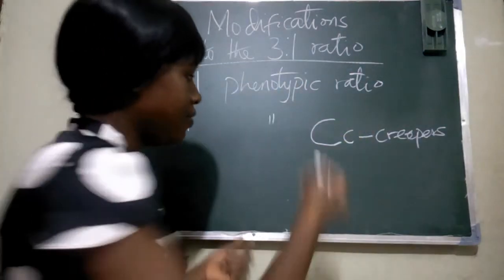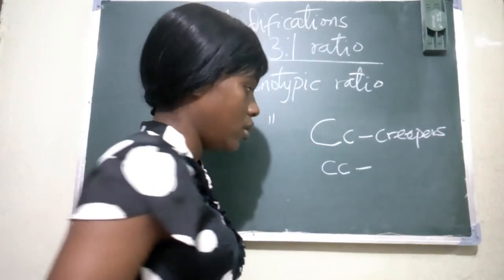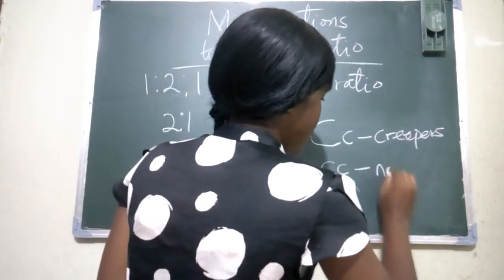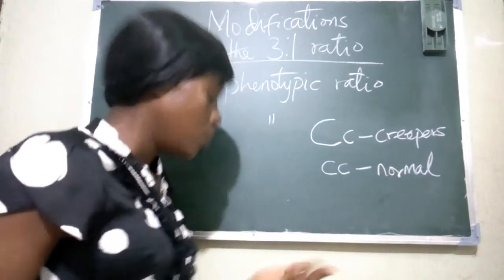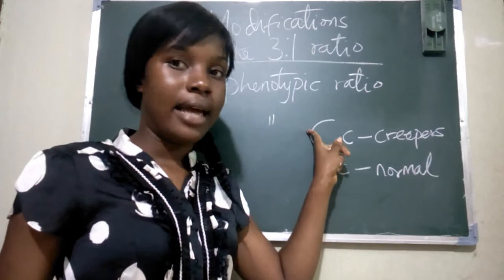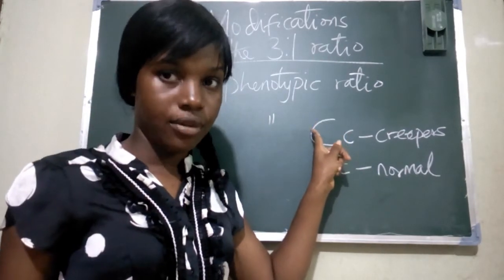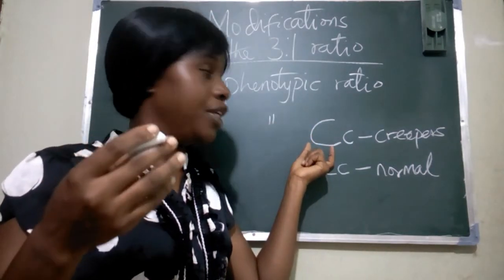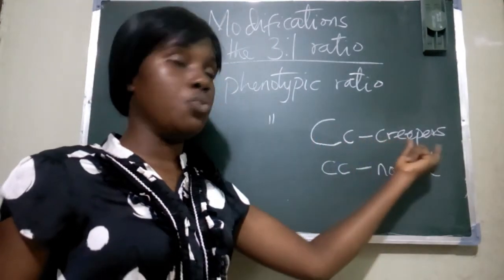And then we have the normal chickens with normal size or shape of legs. So when this dominant allele occurs in a chicken in the homozygous form, the individual will die. But when it's in the heterozygous form, it will be a creeper.